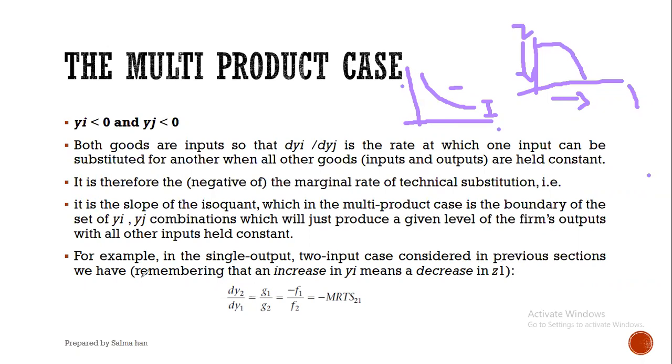We considered in the previous sections, we have remembered that an increase in yi means a decrease in z1. That is dy2 divided by dy1 is equal to g1 divided by g2.